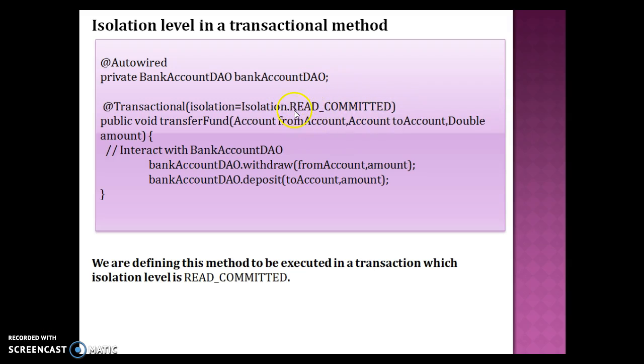I have specified one of the isolation levels, called read committed, so this method is executed in a transaction whose isolation level is read committed. In the next slide I'll show you how many types of isolation levels there are in the Spring framework.